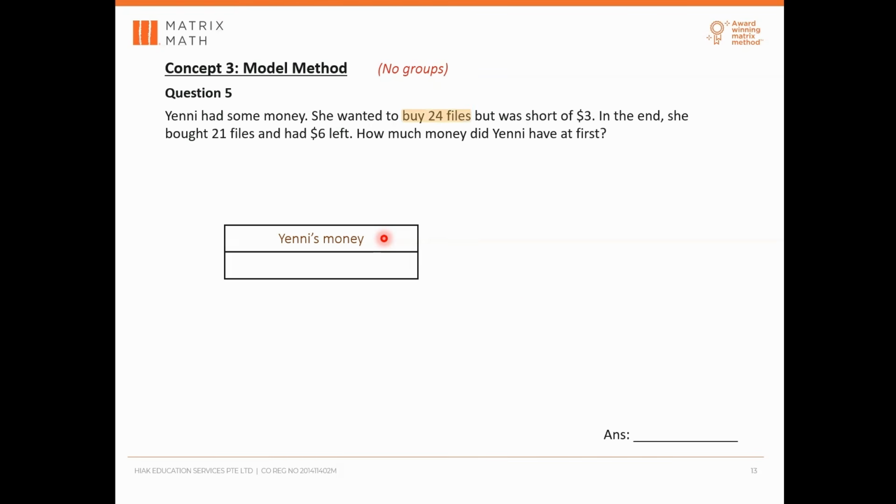So you have to add on $3 with dotted lines. Dotted lines mean that it is not part of the original. So with her money plus this $3, she can actually buy 24 files. That's how much it costs. Her money plus $3.